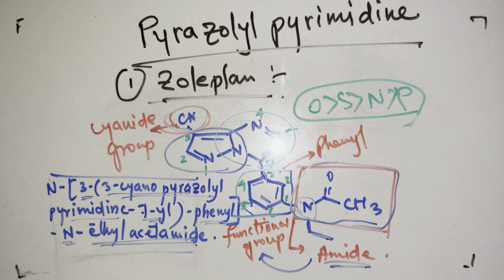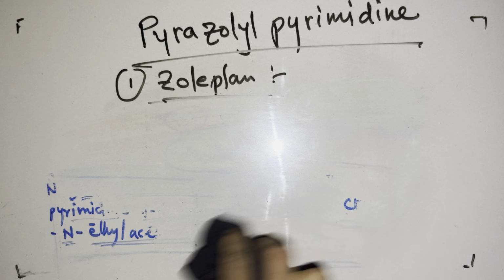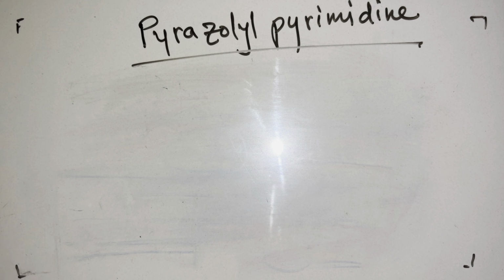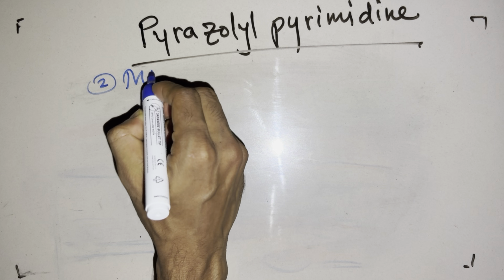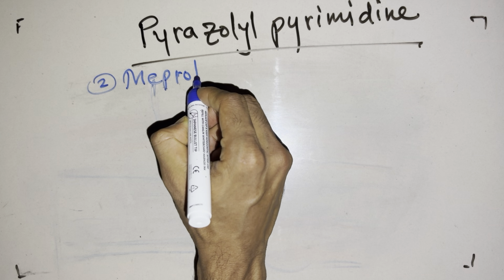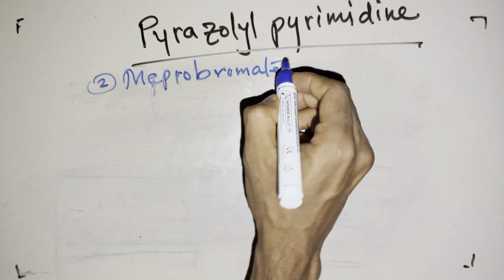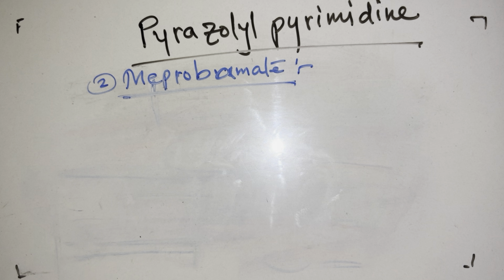Next, second compound that is very important is meprobamate. So the zolpidem part is completed. Next is meprobamate. It is very important. You have to remember for GPAT purpose. Number 2 is meprobamate.